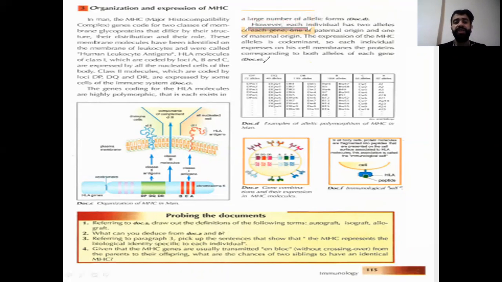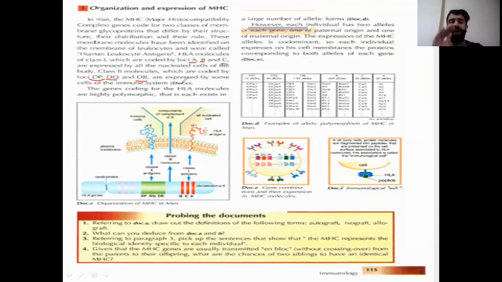HLA. These HLA molecules of class 1, which are coded by loci, they have different positions. They have A, B, and C. They are expressed, as we said before, on the nucleated cells. Class 2 molecules, which are coded by the loci DP, DQ, DR, are expressed by some cells of the immune system.